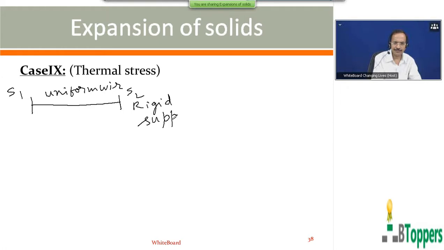Let us suppose the wire is just taut with negligible tension in the wire. So in this case, the wire is cooled. Then it tends to contract.